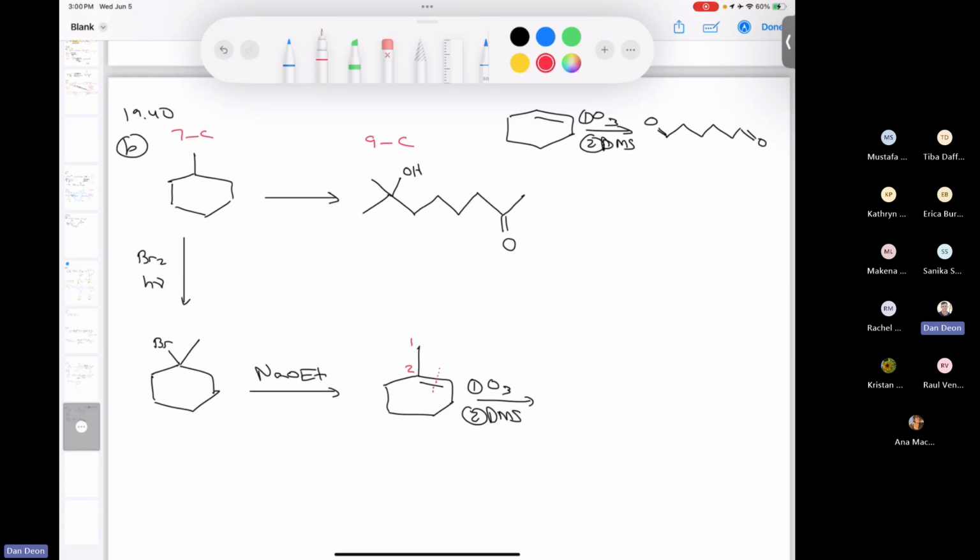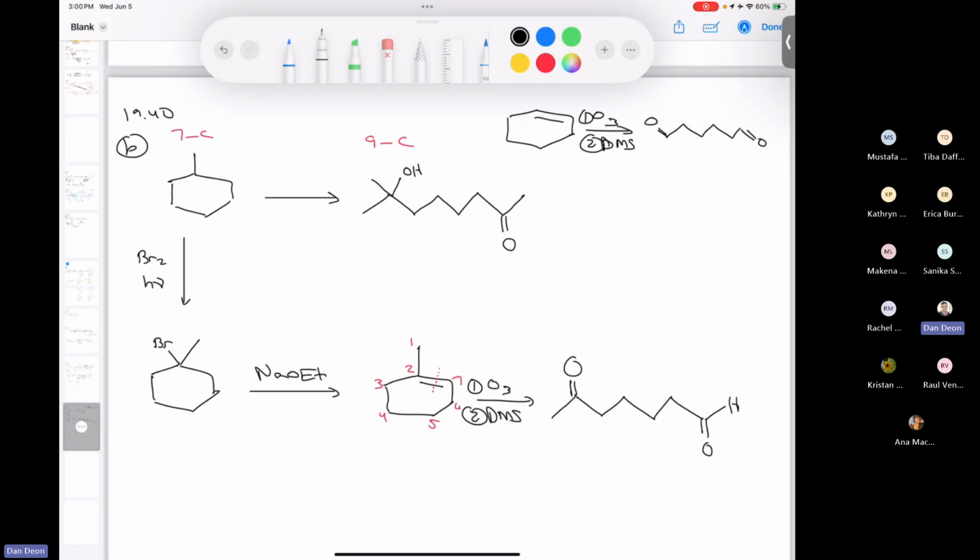We have 1, 2, 3, 4, 5, 6, 7. So let's write that down. 1, 2, 3, 4, 5, 6, 7, like that. On carbon number 2, I'm going to have a carbonyl. And then on carbon number 7, I'm going to have a carbonyl like this. So I've got a ketone and an aldehyde.